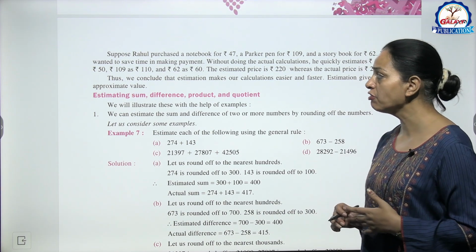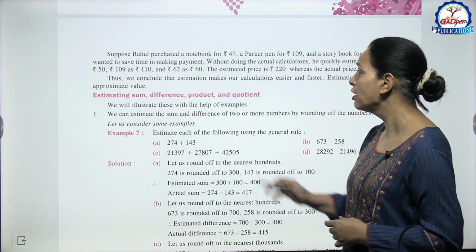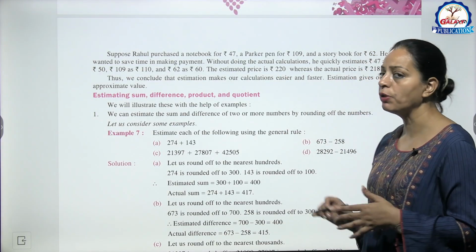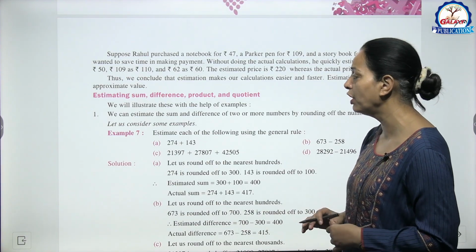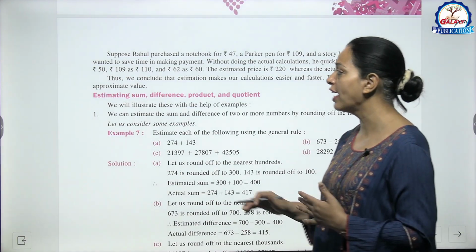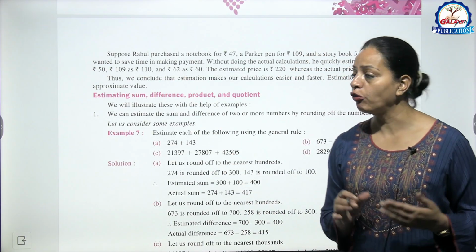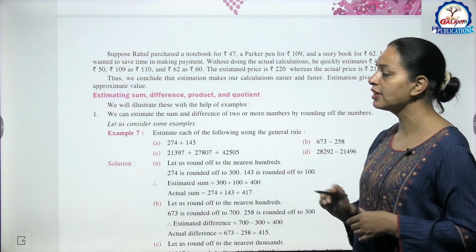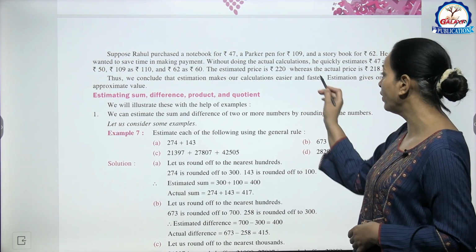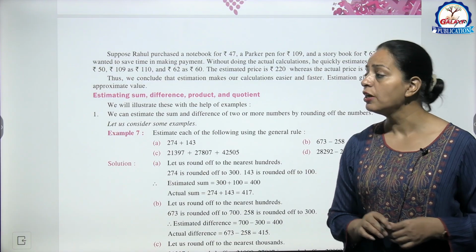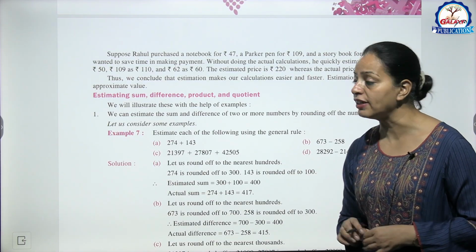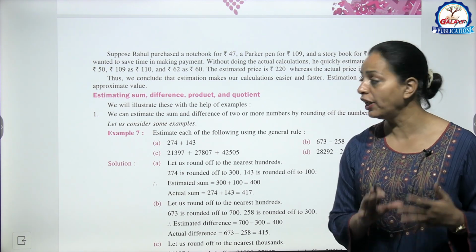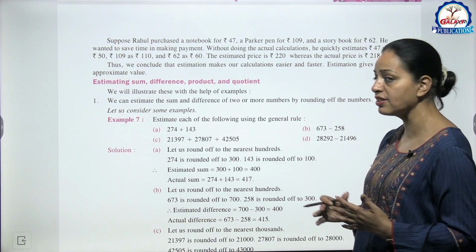He wanted to save time in making payment. Without doing the actual calculations, he quickly estimated ₹47 as ₹50, ₹109 as ₹110 and ₹62 as ₹60. The estimated price is ₹220, whereas the actual price is ₹218. So thus we conclude that estimation makes our calculations easier and faster.